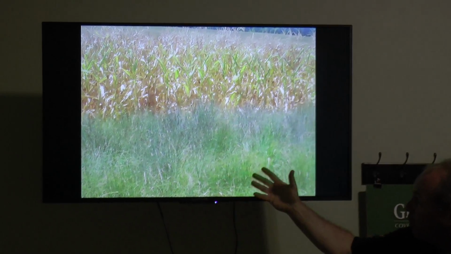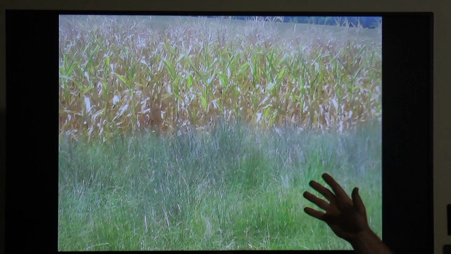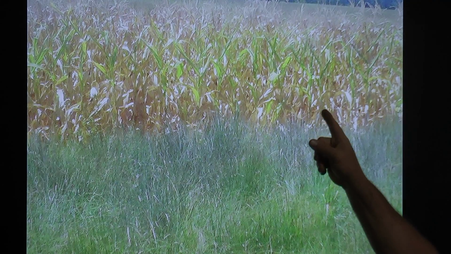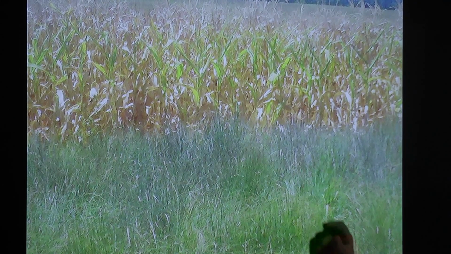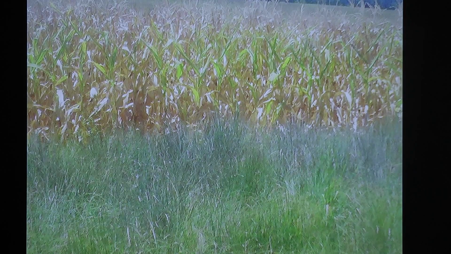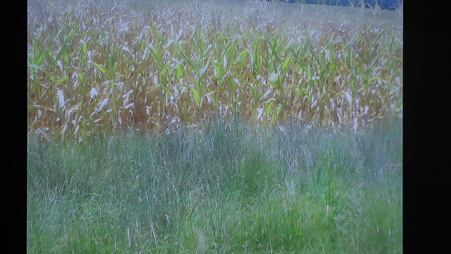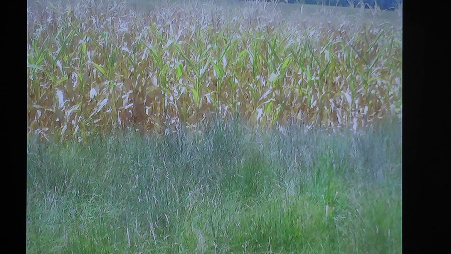If the only explanation is that this native grass has a huge root system that's able to extract water, shouldn't this row of corn right here have been the first corn in the field to die instead of the only surviving corn? What is going on here?